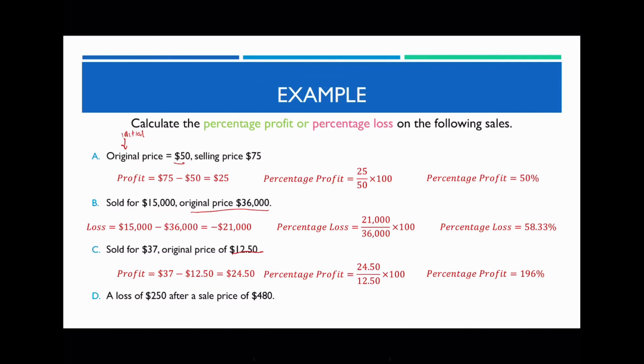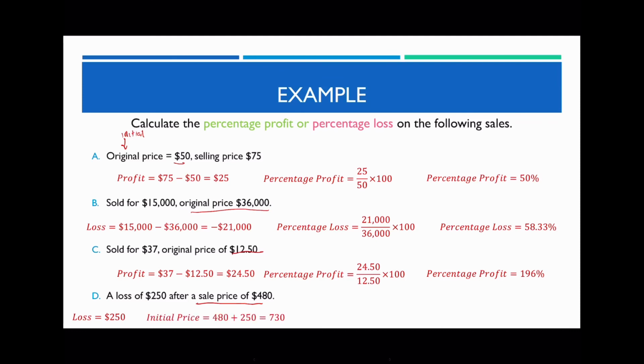And for the last example, this one is slightly trickier than the other examples because they don't actually indicate what your starting price is. They actually give you the final price, or the sale price in this case. So they told you what the loss is. The loss in this case is $250. They told you what your sale price is, meaning your final price. You need to find out what your initial price is in order to calculate the percentage loss.